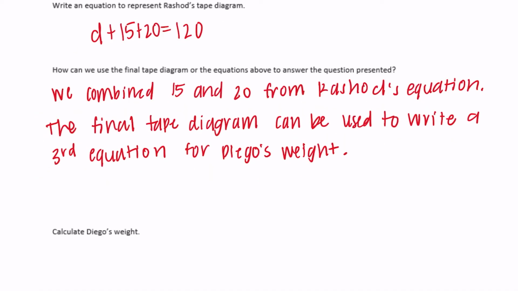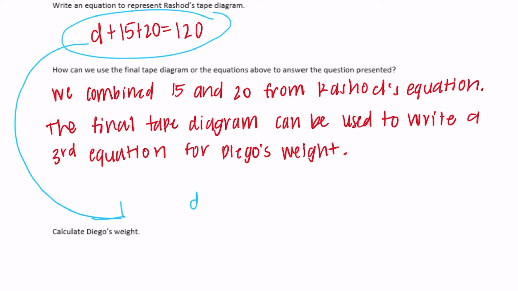Calculate Diego's weight. So we know that Diego is D, which we have up here. I'm just going to solve it over here. So D plus 15 plus 20 equals 120, or D plus 35 equals 120.